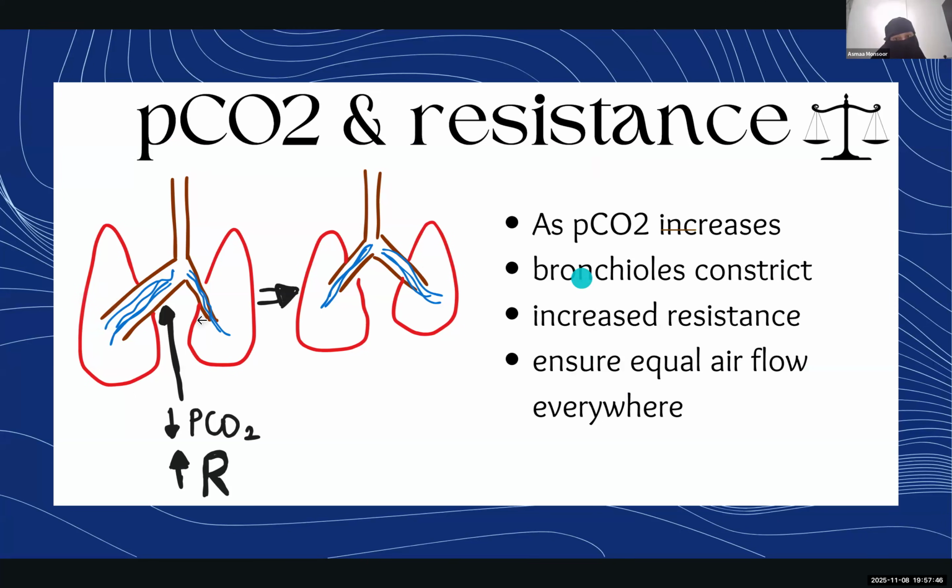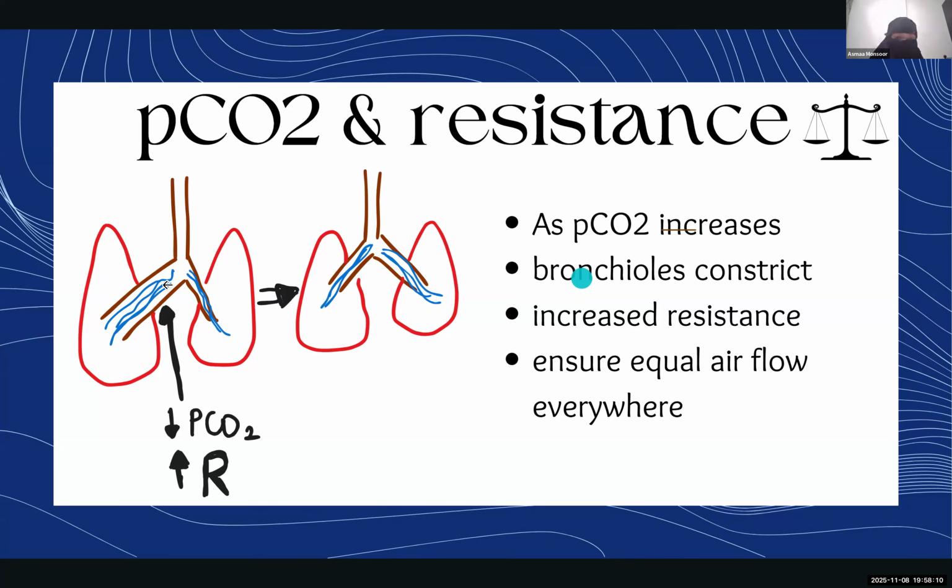But we want to ensure that there is an equal amount of oxygen on both sides. For this, I want to make this airway small and this airway large. If I want less air to go over here, that means in this part I want to increase the resistance of the air.